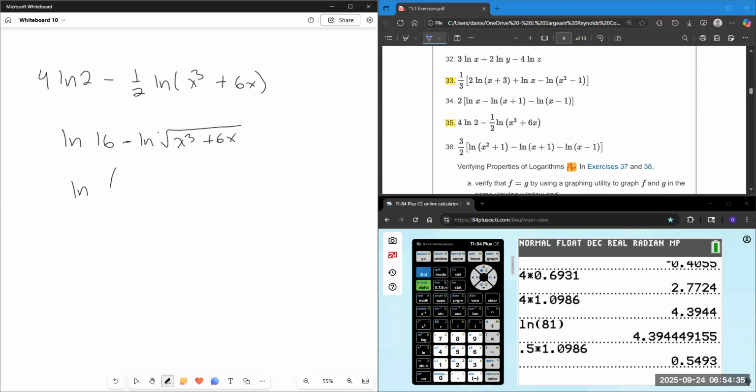This is going to be ln of 16 divided by the square root of x cubed plus 6x. That is 35.